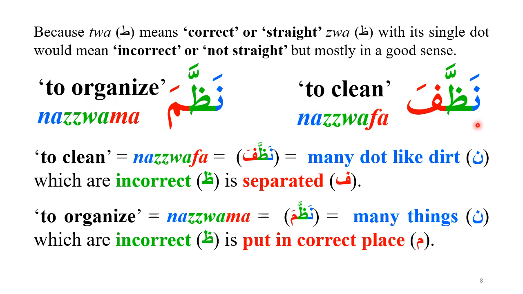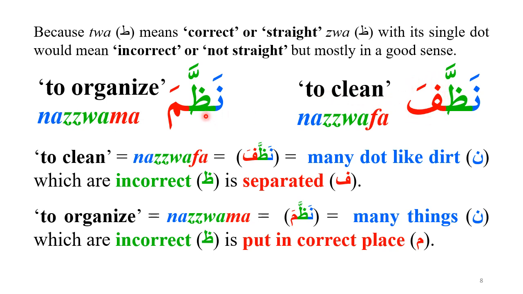Now, in nazzafa, the noon means many dots like that, and the zal means incorrect, we know, and fa means to separate or faraqa, right? So many dots which are incorrect are removed or separated. So this is cleaning.